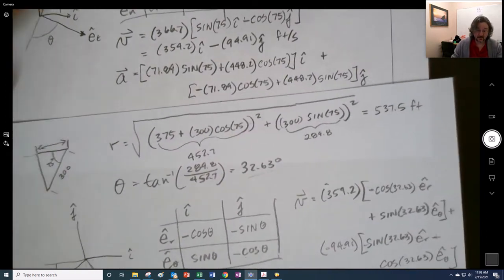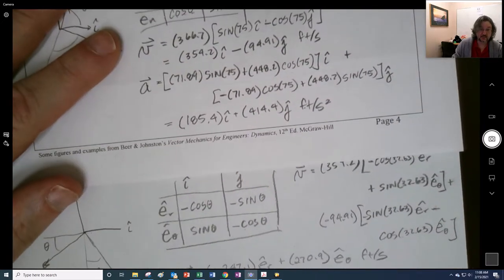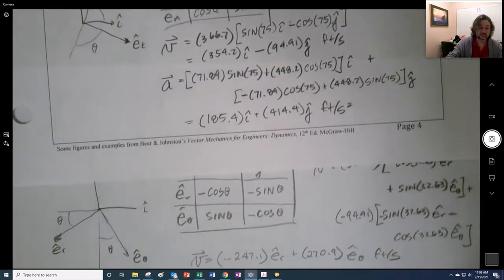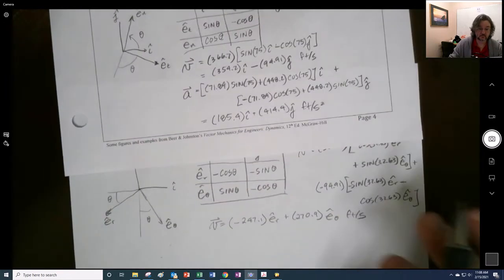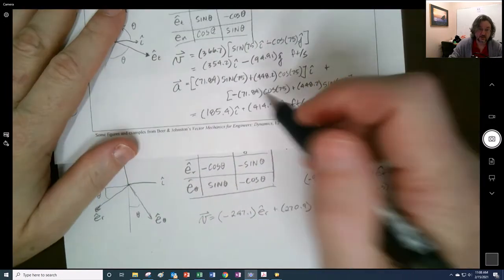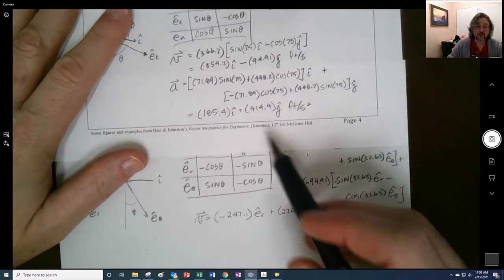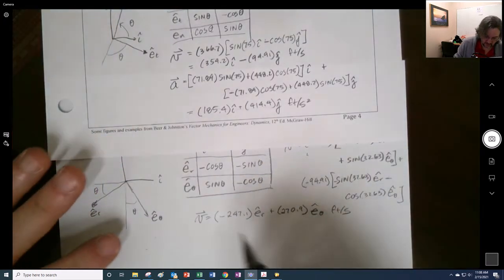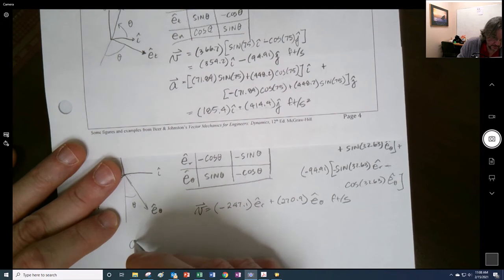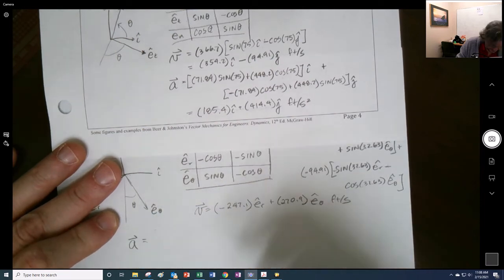In a similar manner, we need to now take acceleration and turn this acceleration right here into polar coordinates. So this acceleration, and I wrote this out slightly differently there.